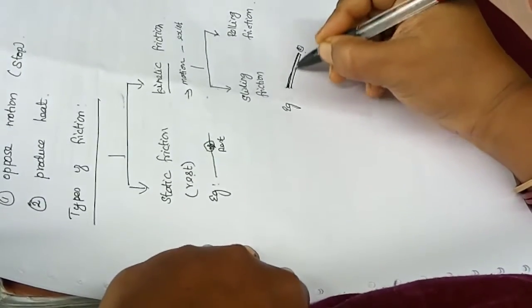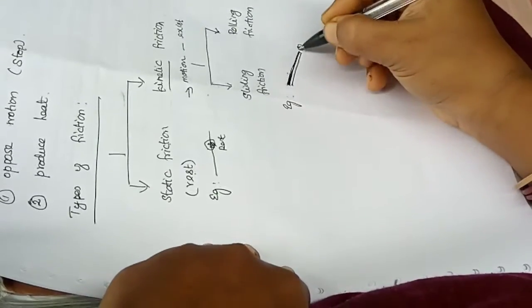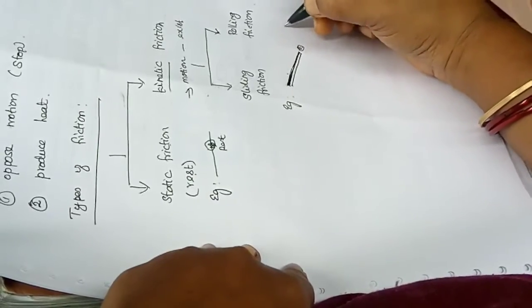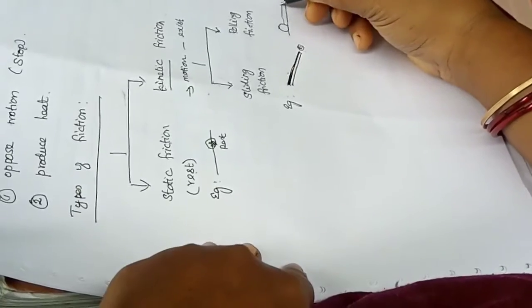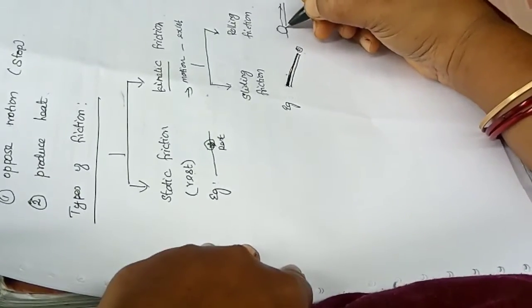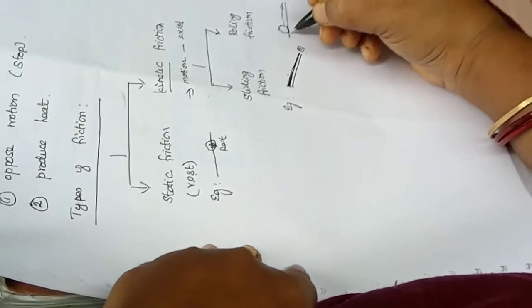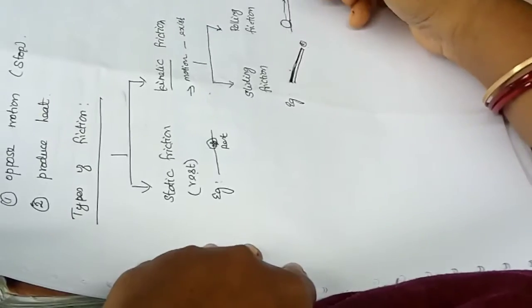The plane resists the motion of the object. But rolling means any object that rolls on the surface, for example a ball. When it rolls, the full surface is not in contact with the ground, only a part of the surface is in contact. This is rolling friction.